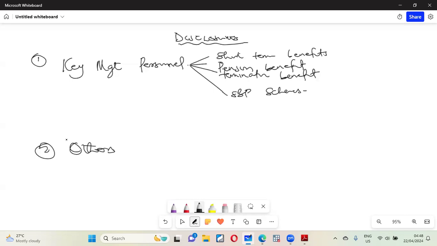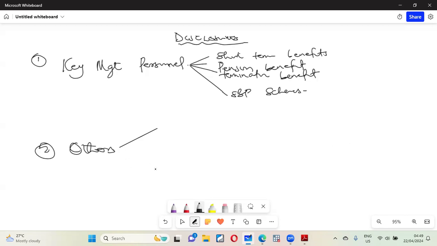Okay. So when you see a question, know the angle with which you are dealing. So we said with the others, we talked about the nature of the related party relationship. Then two, we also talk about the description of the transaction.